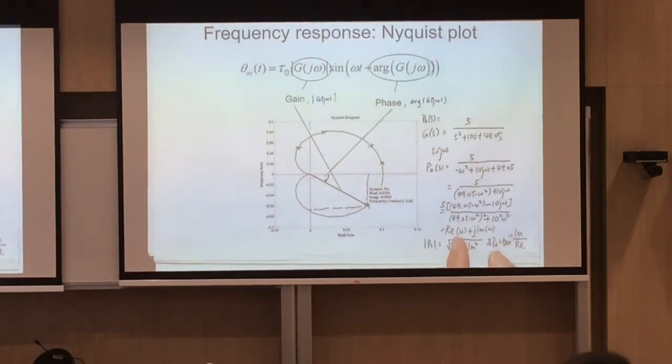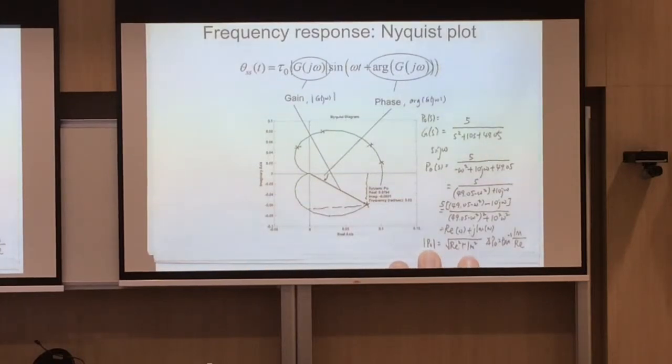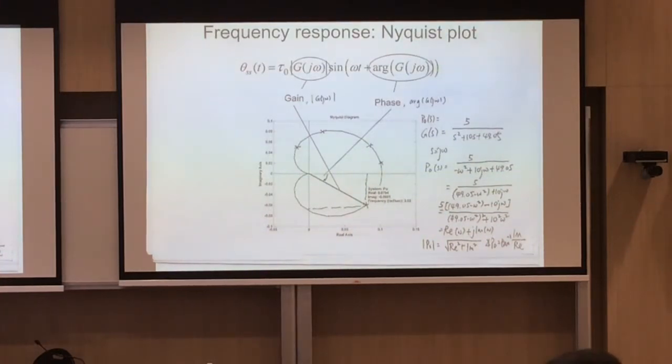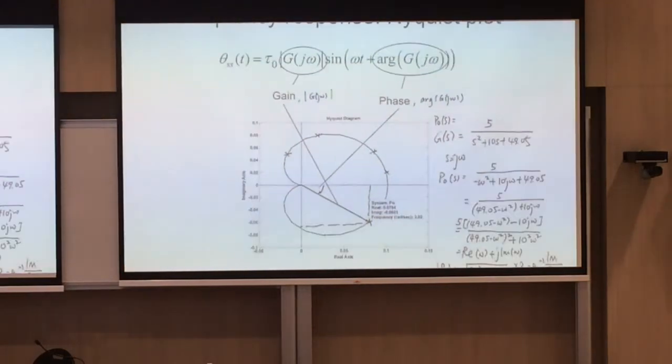You separate the real and imaginary parts. Gain is just the square root of the real part squared plus the imaginary part squared, and the phase is tangent inverse of the imaginary part over the real part. Up to here is still revision.